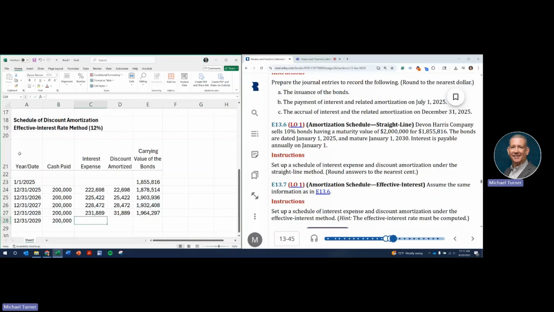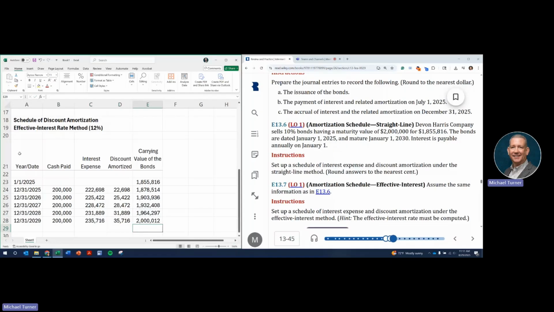And then the last year, as before, carrying value times 12%. Interest expense less cash paid gives us amortization of our discount. And if we take the carrying value of the bonds plus the amortization for that year, we get $2,012,000. So right there, we're right at the amount.